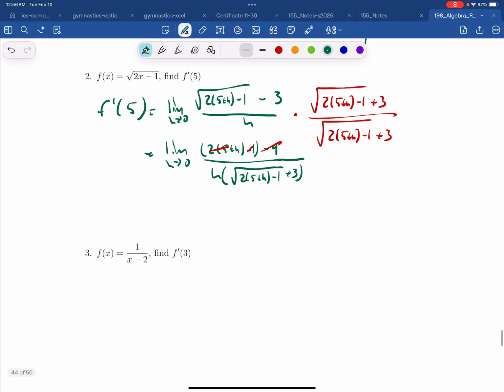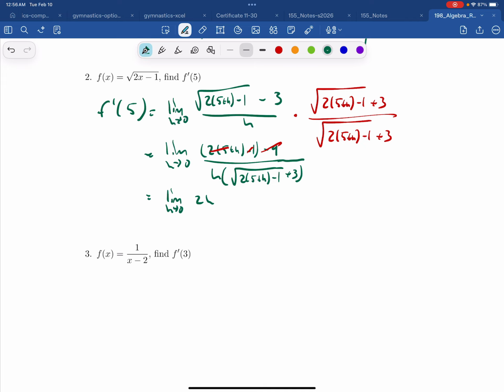Right, so we get left with the limit as h approaches 0 of 2h over h times all this nonsense, which is going to be 1 over the square root of 2 times 5 plus h minus 1 plus 3. And then we just cancel those h's.